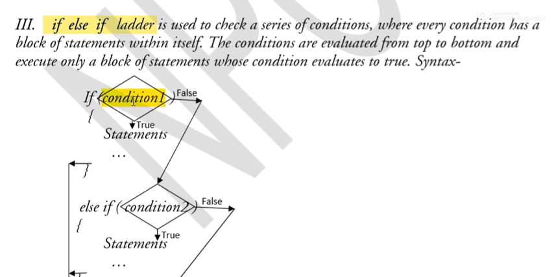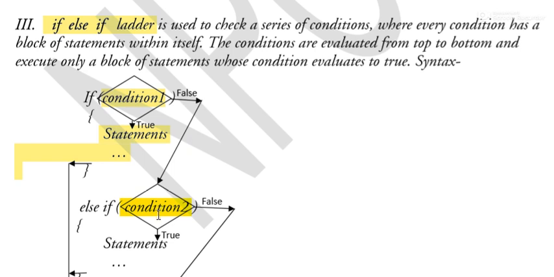If this condition is true, then all statements associated with this block will get executed, and if this condition is false, then the control comes to the else if and checks this condition too.